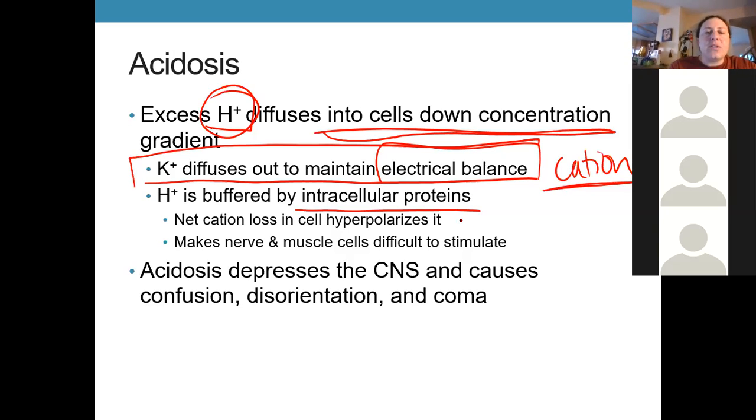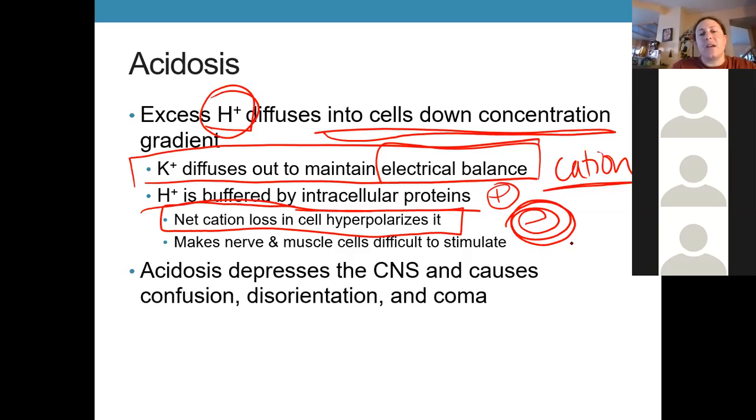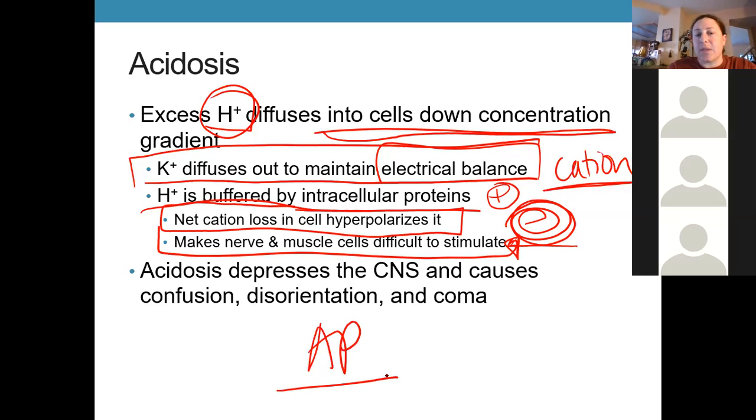We lose our potassium, the hydrogen ions get buffered, so now we don't have as much positive charge inside the cell. The result of that is hyperpolarization. It becomes more negative. So in cells that rely on their electrical activity, it becomes harder to get electrical impulses. Action potentials become more difficult to stimulate because now these cells are more negative.